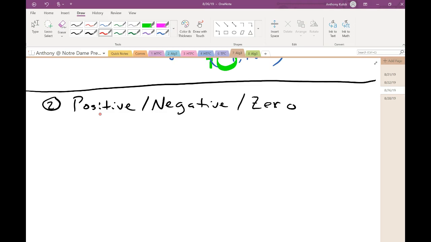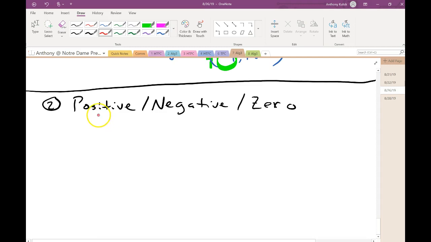Everybody okay with that? So if I'm describing where this graph is negative, I might say from when x is -3 all the way up until x is +8 or something like that. Everybody okay with that idea? And I would describe those parts using an interval more often than not.